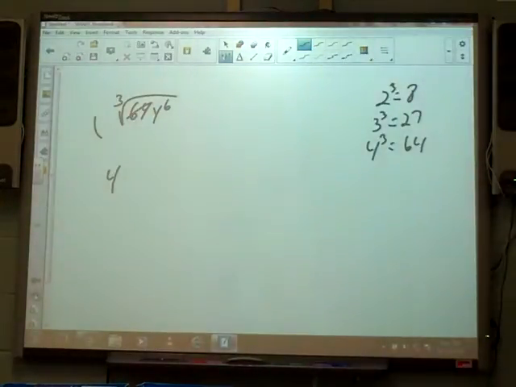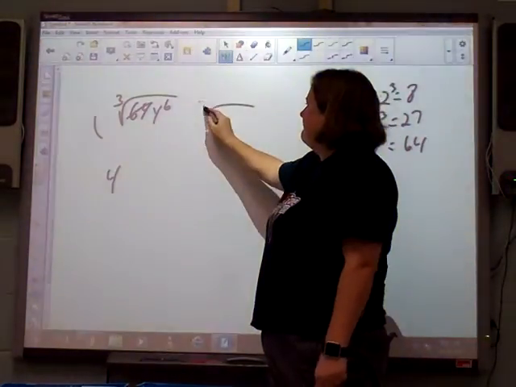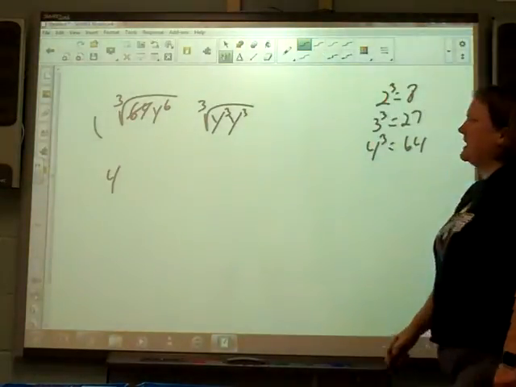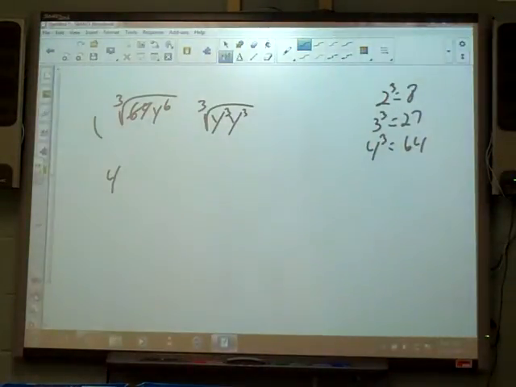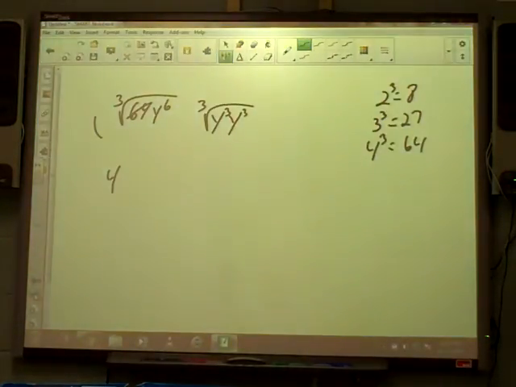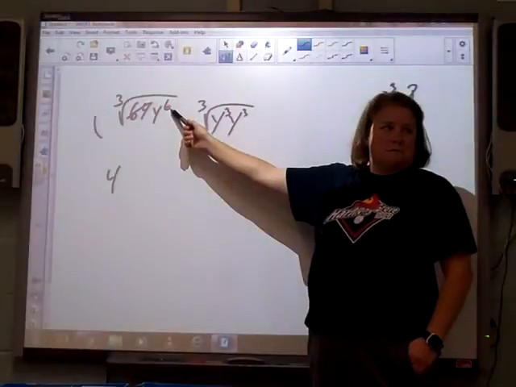Now, what about y to the 6th? Isn't that the same as y cubed times y cubed? Yes, y cubed times y cubed makes y to the 6th, because of the power rule: 3 plus 3 is 6.